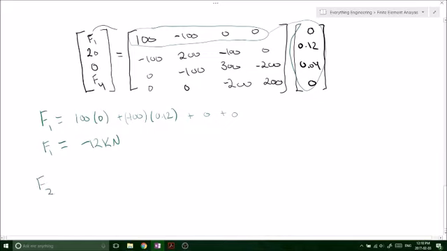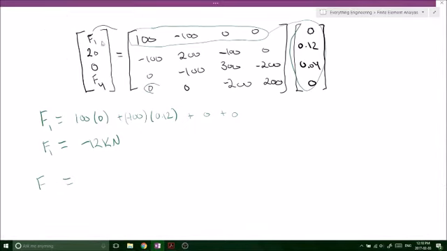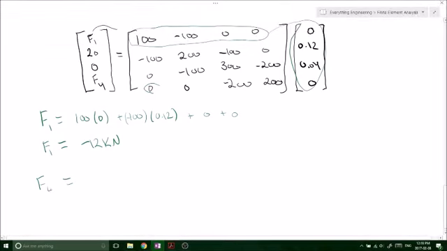And then similarly, not F2, we want F4. Same thing with F4, we take our fourth row and multiply it by our displacement vector again.